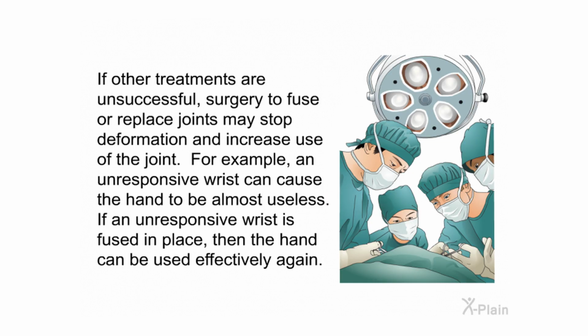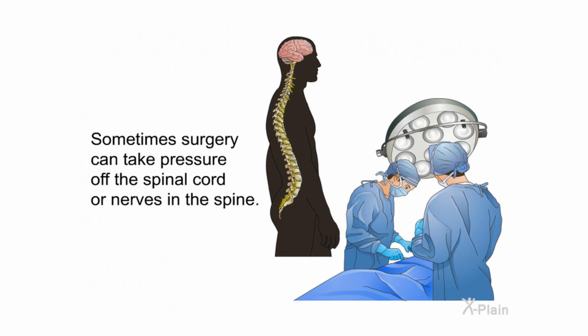If other treatments are unsuccessful, surgery to fuse or replace joints may stop deformation and increase use of the joint. For example, an unresponsive wrist can cause the hand to be almost useless. If an unresponsive wrist is fused in place, then the hand can be used effectively again. Sometimes, surgery can take pressure off the spinal cord or nerves in the spine.